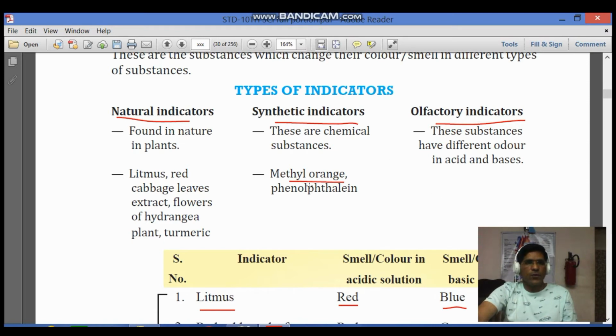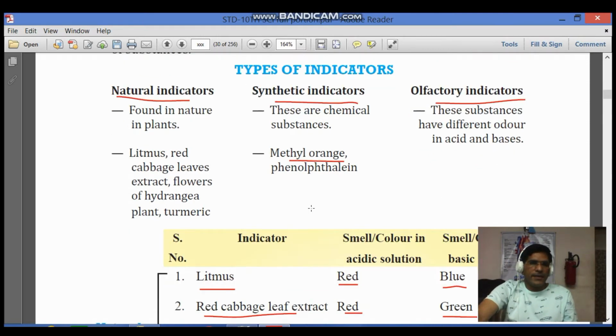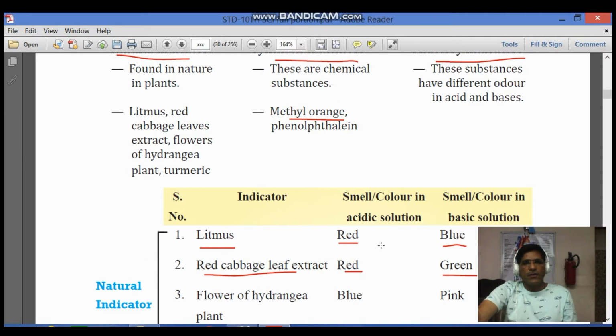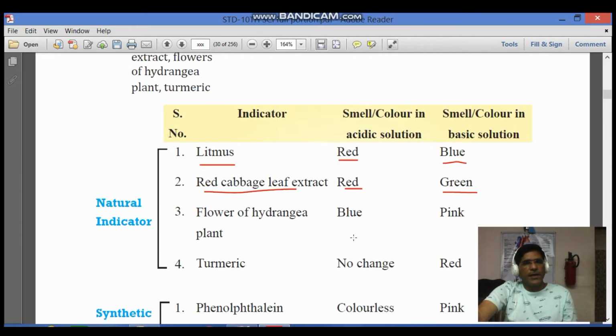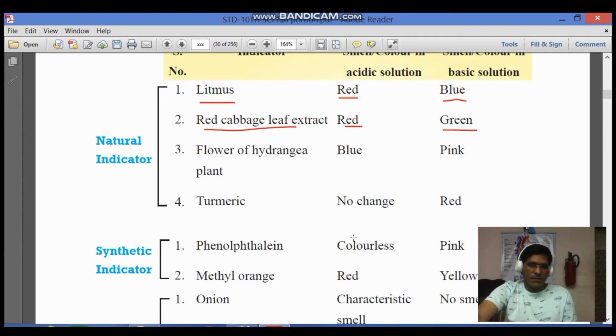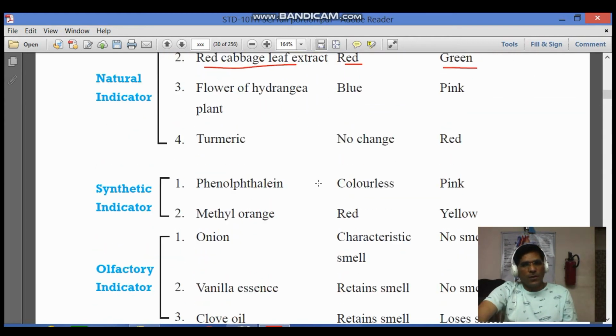You have to write all these indicators compulsorily, and then write the acidic solution and basic solution from here. It is an important chart, not available in our text, so anyhow you have to write it in your rough book.